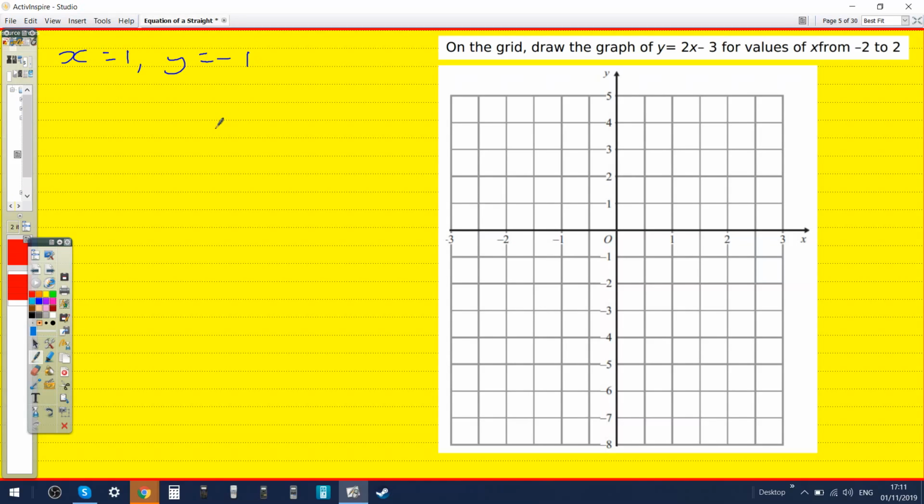And then when x is 2, y equals 1. And when x is 3, y equals minus 3. And then we plot those on the graph. And then what do you do?